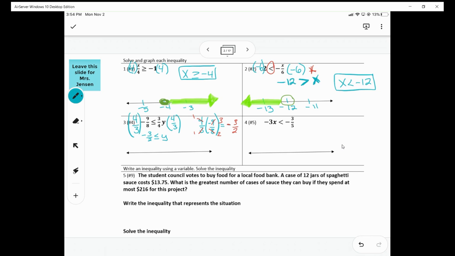So let's rewrite so the variable is on the left. Read from right to left, so you have y is greater than or equal to -3/2.